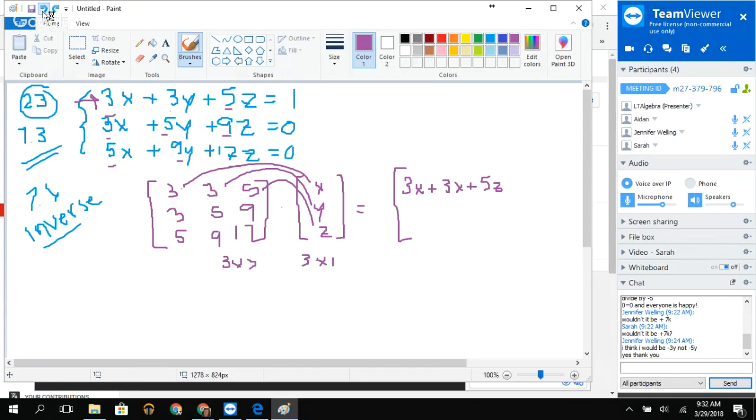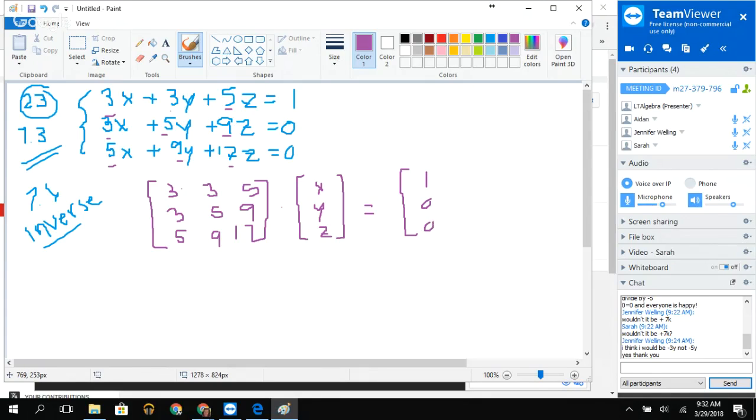I'm going to erase this because it's going to get really messy if I don't. There we go. I know that multiplication works out, and on the other side of my equation I know what the values are. I know that my solutions are 1, 0, 0. Some smart mathematicians a long time ago figured out that this looks an awful lot like an equation.